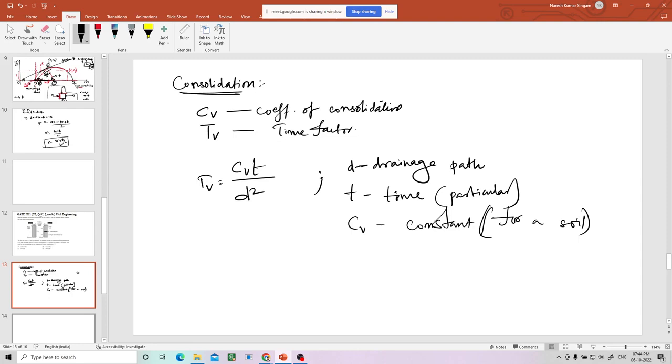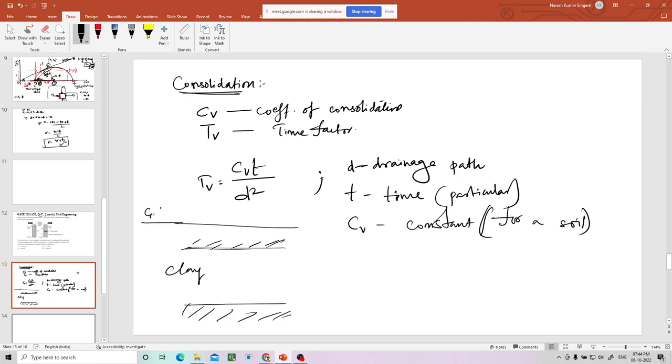So now let us consider this is clay, let us say. Whenever you are applying load, this is the ground level, this may be sand, and this may be rock. What will happen? Clay gets compressed. Whenever clay is getting compressed, the water inside the clay has to travel.